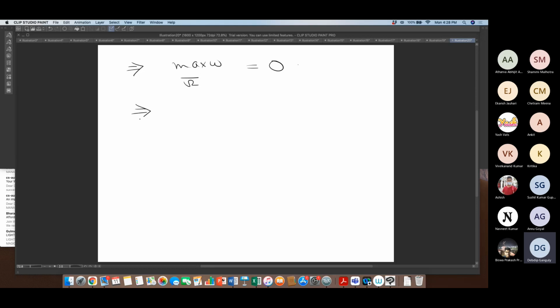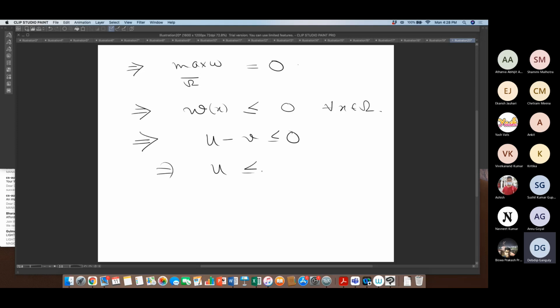What does it mean? This implies W(x) is less than or equal to 0 for all x in omega. Yes or no? W(x) is less than or equal to the maximum of W in omega closure, which is equal to 0. This implies U minus V is less than or equal to 0.